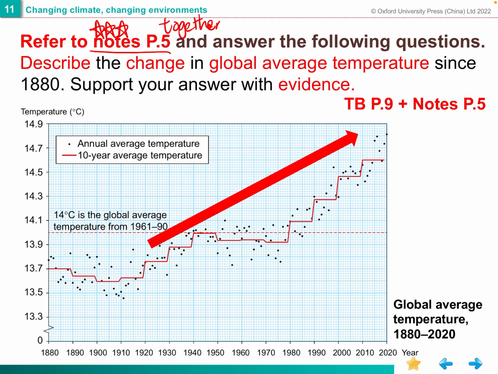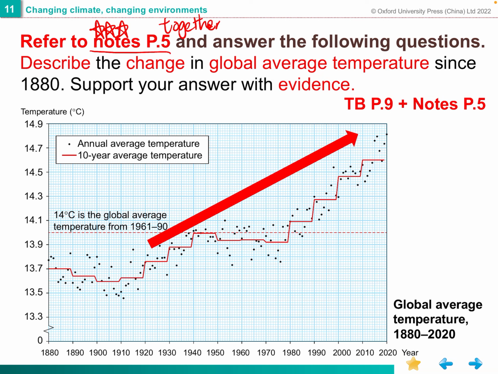Describe the change in global average temperature since 1880. Support your answer with evidence. The animation shows you very quickly the arrow. I think you all can tell me what description you will mention about the change of the temperature.